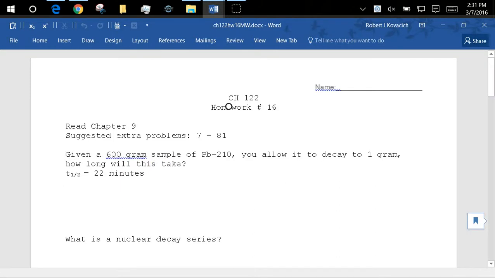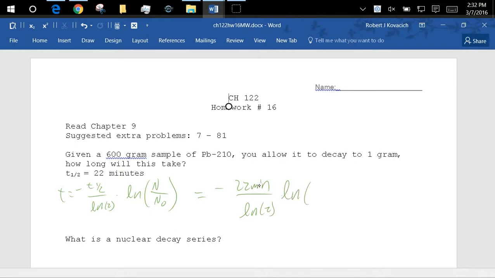We're going to start with 600 grams of this lead-210 sample and let it decay down to 1 gram. So our equation is time is equal to negative the half-life divided by the natural log of 2, times the natural log of our final concentration divided by our original concentration. So I've got negative 22 minutes divided by the natural log of 2 times the natural log of 1 divided by 600.